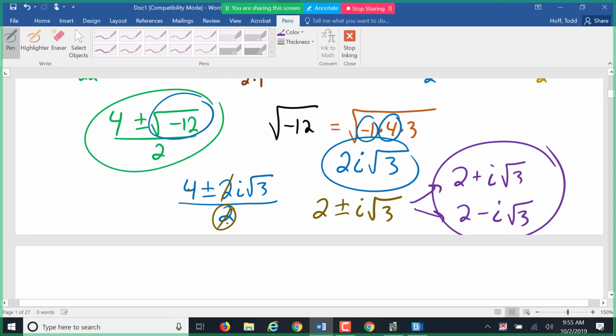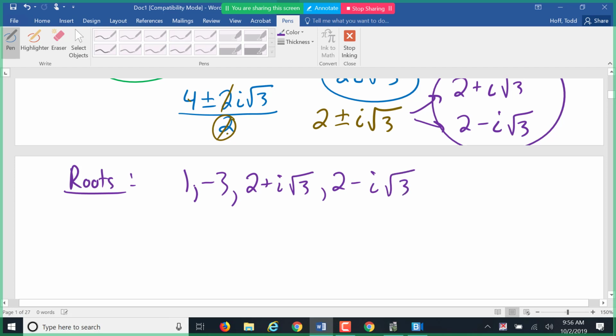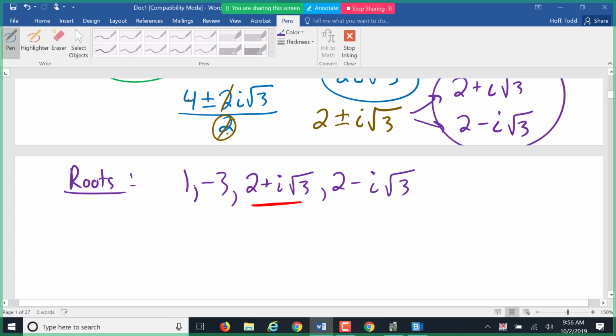So we have our roots. Our roots are going to be at 1, negative 3, 2 plus i times the square root of 3, and 2 minus i times the square root of 3. Remember, by the way, that these complex roots always come in pairs. There will always be 2 of them.